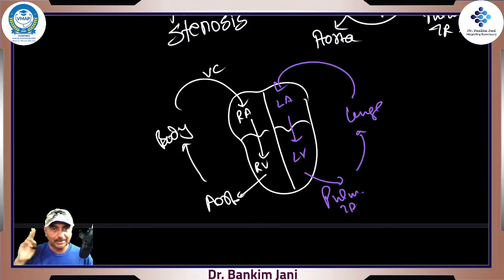But here it is. Two things which will make them survive. One is the foramen ovale, right? So blood starts getting mixed. The moment it mixes, yes, oxygen has started coming. And the second is the ductus arteriosus.